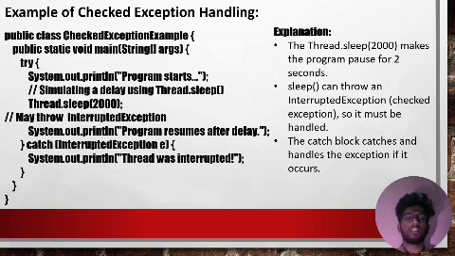We are using a try block for printing "Program starts", and the program is to sleep for 2000 ms, which may throw InterruptedException. Then we display "Program resumes after delay" and use a catch block for InterruptedException. Here "Thread was interrupted" is printed as output.